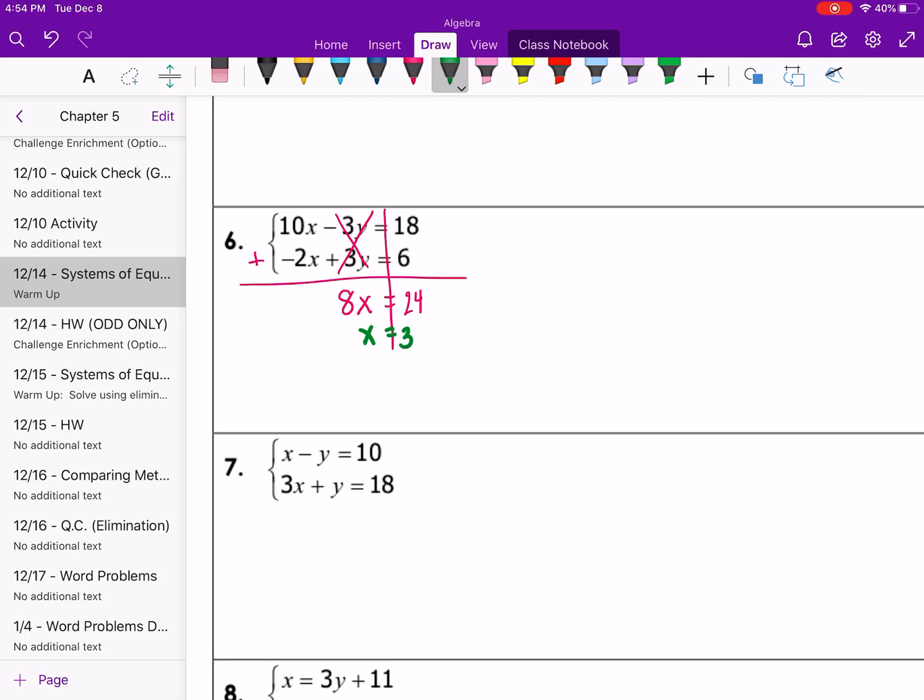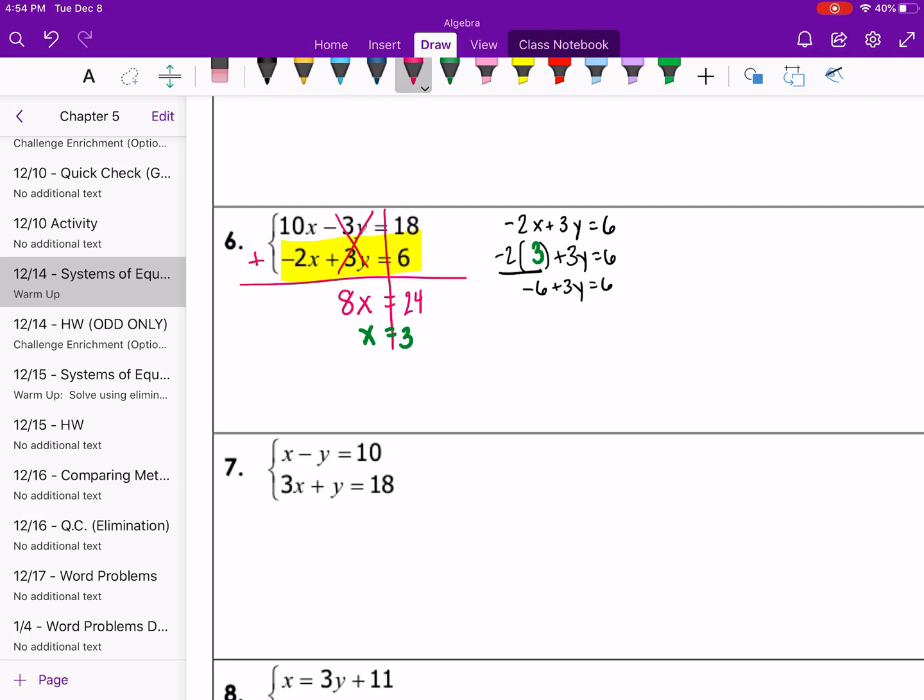This one's not as easy, so I don't know, I'll just pick this one. Now that I know x is 3, I can plug in x, and then that means all I would have left to solve for is y. -2 times 3 is -6.